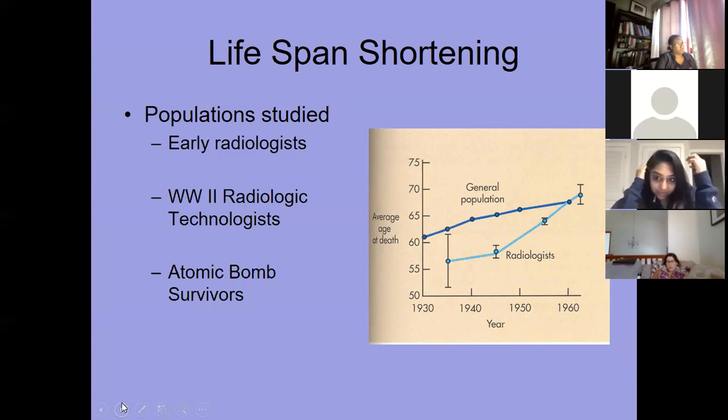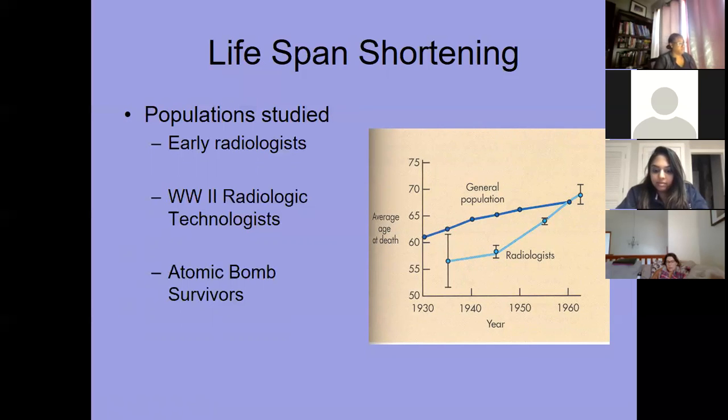And what they found is that in that early part of the 20th century, there is about a 5-year difference in the lifespan of radiologists and the general population. And that difference persisted up through the 40s, up to about the mid 40s.